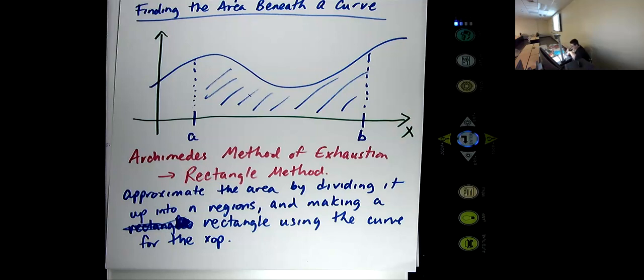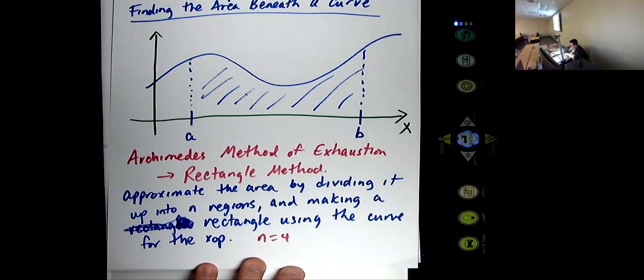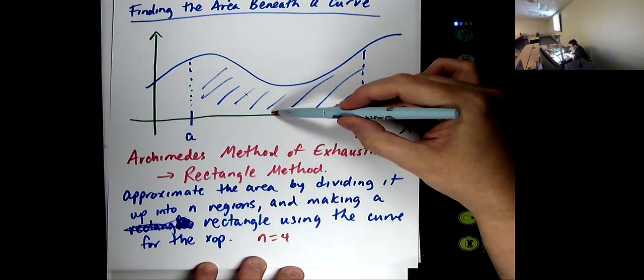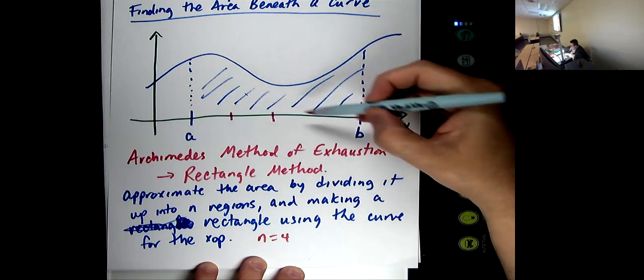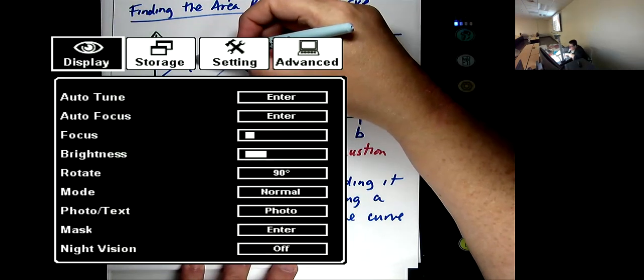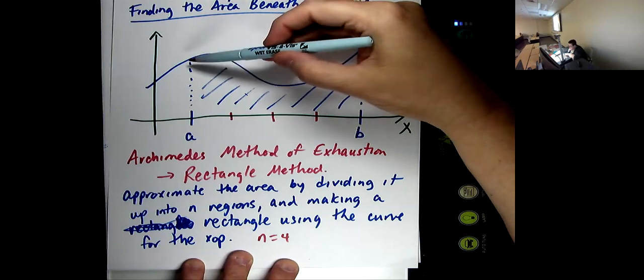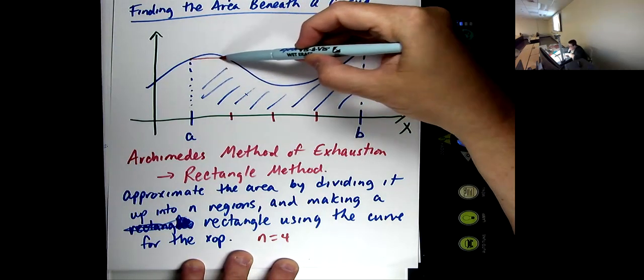Let's say for my picture, I'm going to use n equals 4. So I could cut this region in half and then cut each subregion in half. And that would give me 4 regions. Now I have a couple options. I could make the region use the left side of the rectangle as the top.